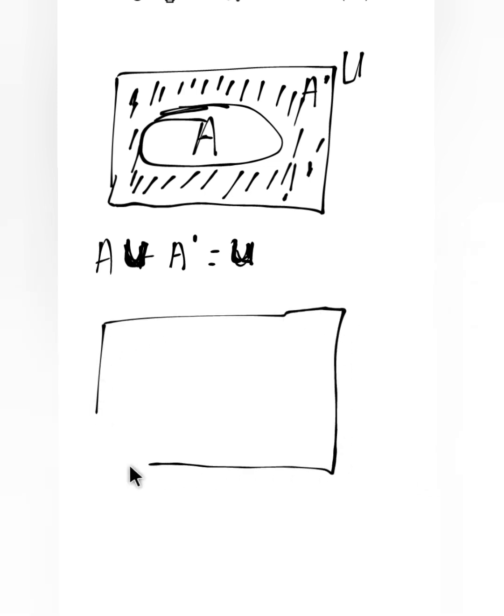Okay, now let's draw another one. Now this is another Venn diagram. Now let's work with two sets.